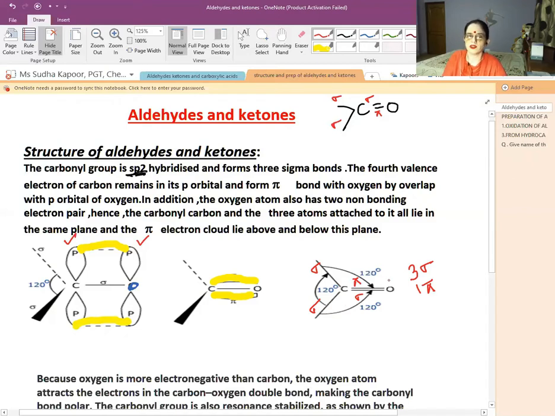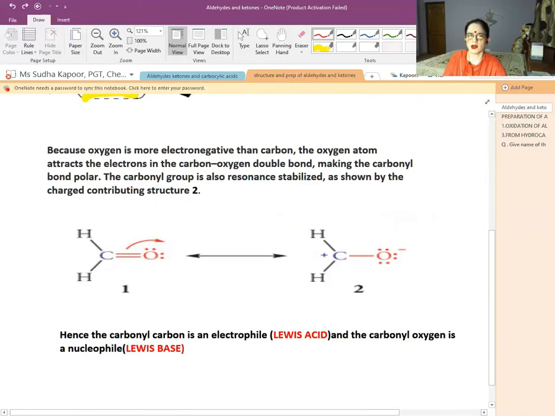Now in carbonyl compounds, oxygen is more electronegative than carbon in the C double bond O linkage. Being more electronegative, it takes away the bond; one of the bonds is shifted onto the oxygen. Oxygen gets the negative charge and the carbon gets the positive charge.